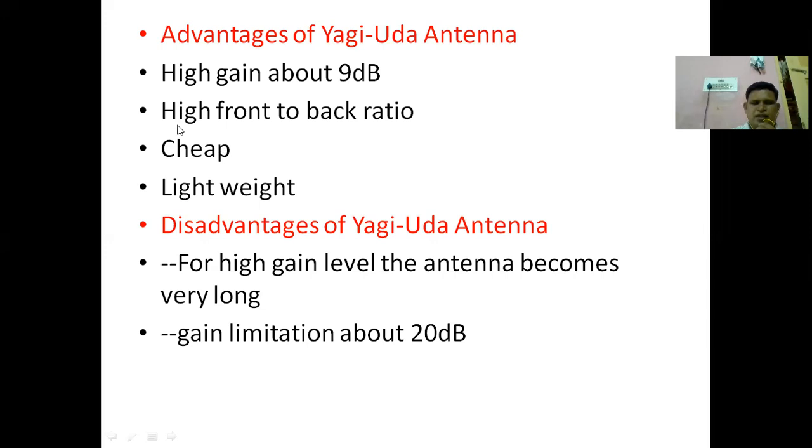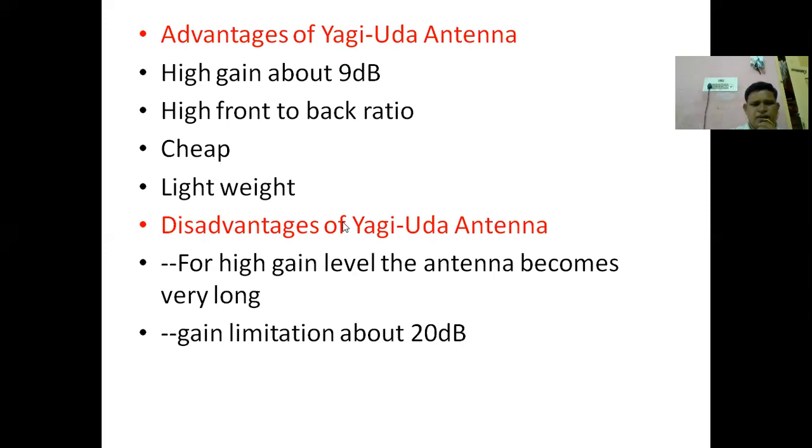The construction of this antenna is very cheap. It requires very little money for designing, and it is also very lightweight, since it is designed using aluminum. That's why the weight of this antenna is very light. There are also some disadvantages.